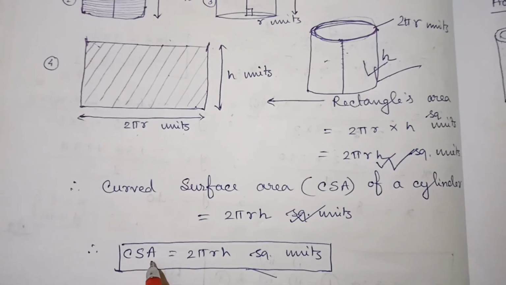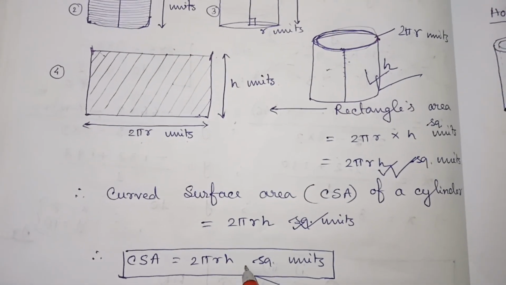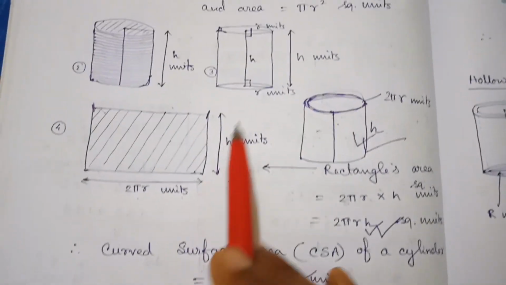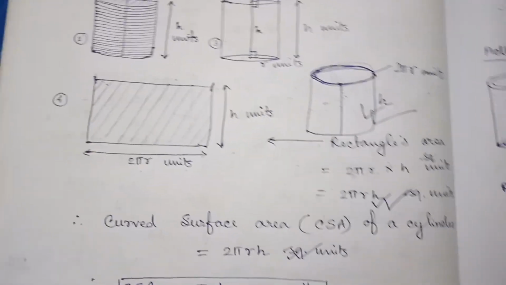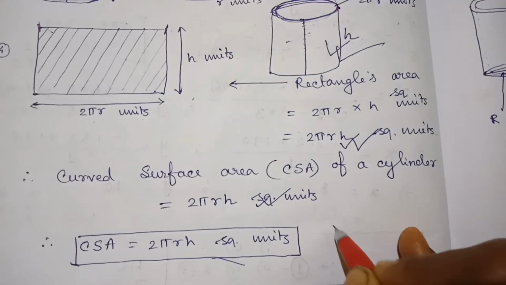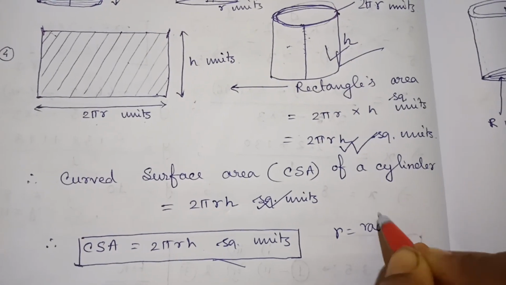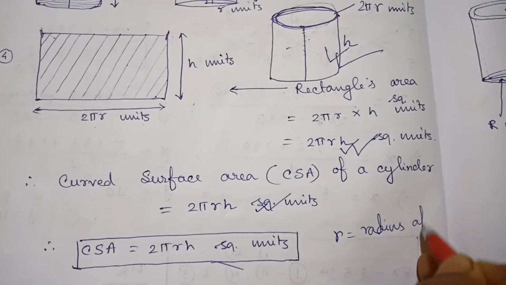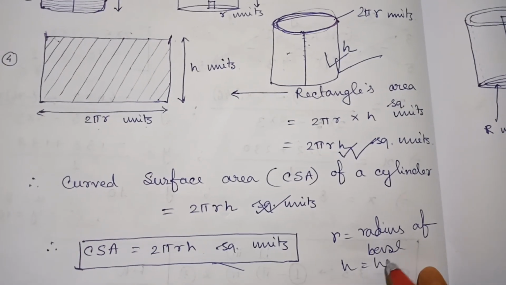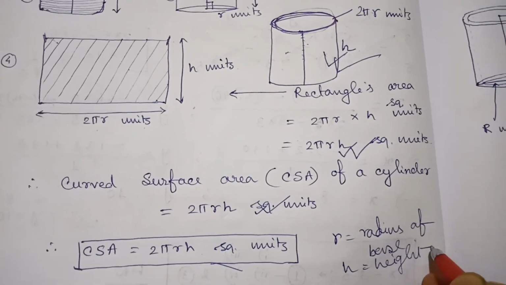So the formula is CSA equals 2 pi rh square units. CSA of what? CSA of right circular cylinder, that is 2 pi rh square units, where r is the radius of the circular base and h is the height.